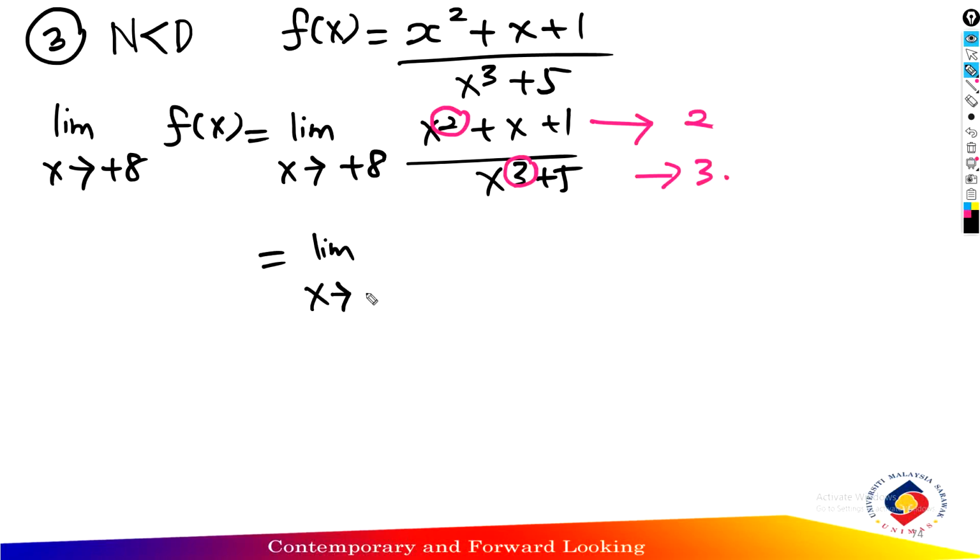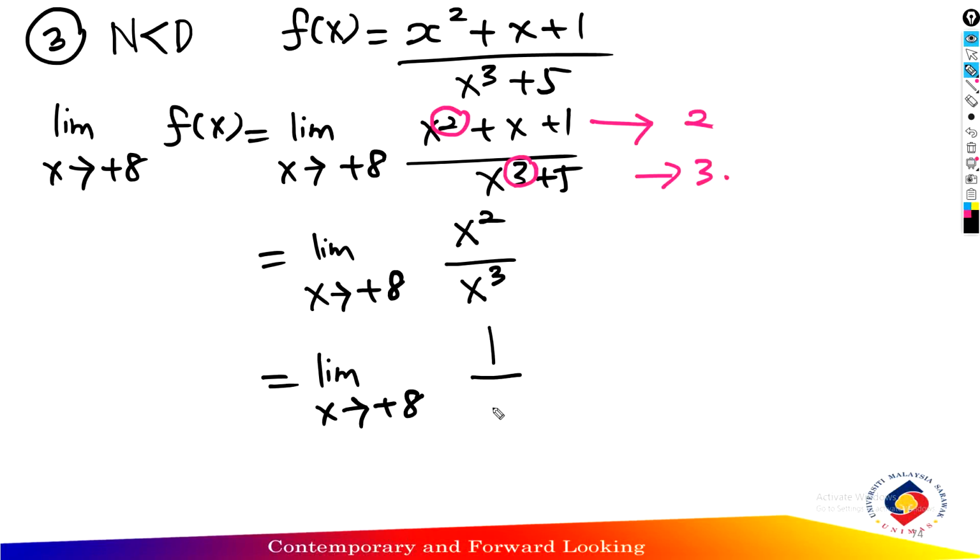Okay, as x approaches positive infinity. The leading term of the numerator is x squared, and the leading term of the denominator is x cubed. So write down the limit as x approaches positive infinity, and here you cancel, leaving 1 over x.